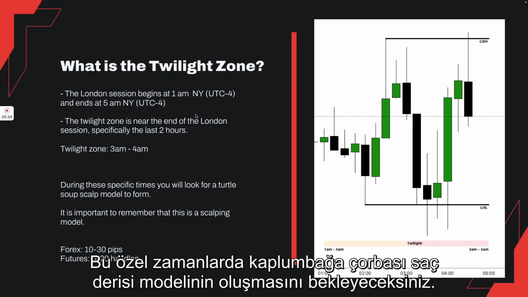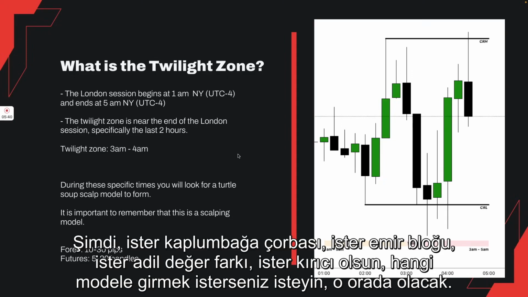During these specific times, you will look for a turtle soup scalp model to form. Now, whether you will be executing the turtle soup or an order block or a fair value gap or a breaker, whichever model you would like to enter on, it will be there.